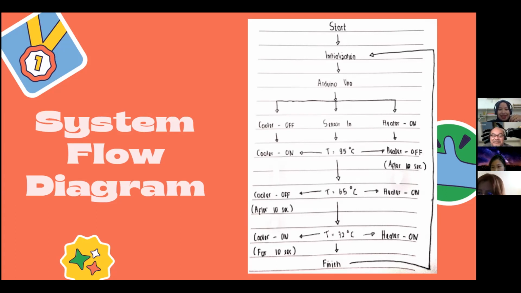PID, PD, PI, proportional integral derivative control algorithm. That is a bit advanced, yeah, but it should be possible using the Arduino. With Arduino, you can program it by software. So we don't need the PID and something, we just need Arduino. That is why we gave you Arduino.